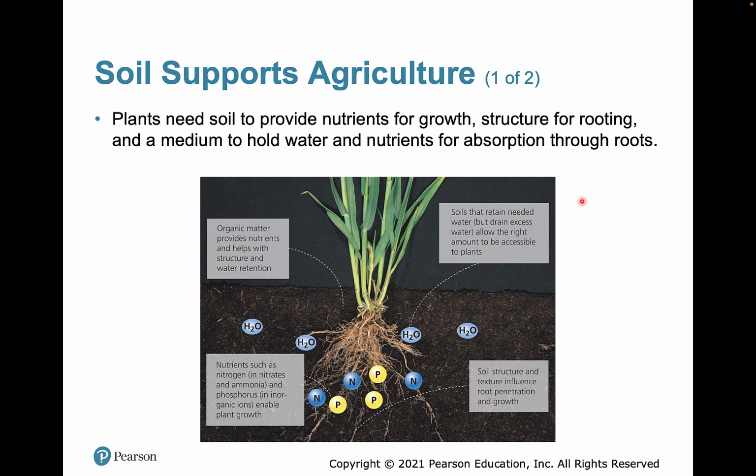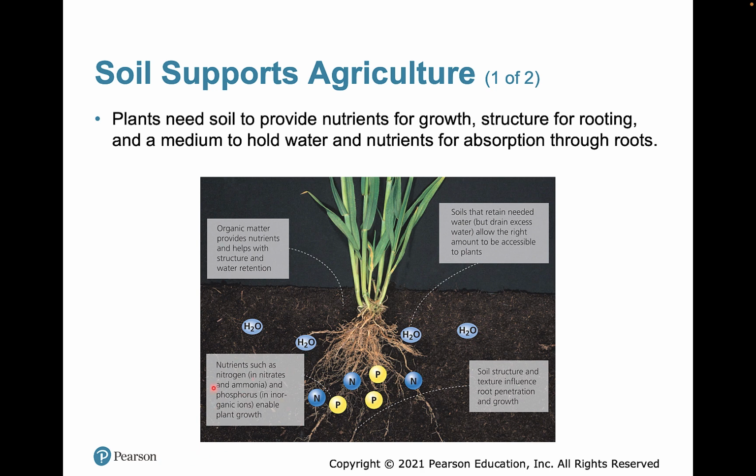In order for plants to grow and to survive and to be fruitful and productive, they need soil with nutrients. Soil has to have the right structure for rooting, and it has to be the right composition to hold water, to allow nutrients to be absorbed through the roots.